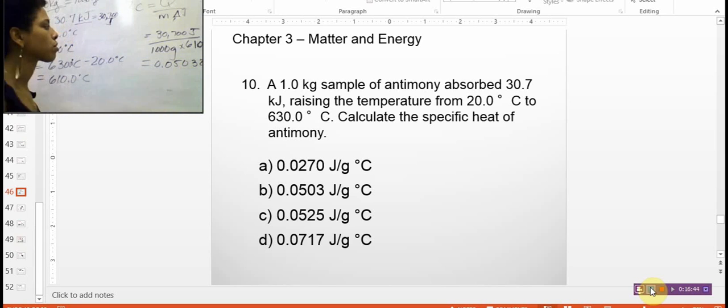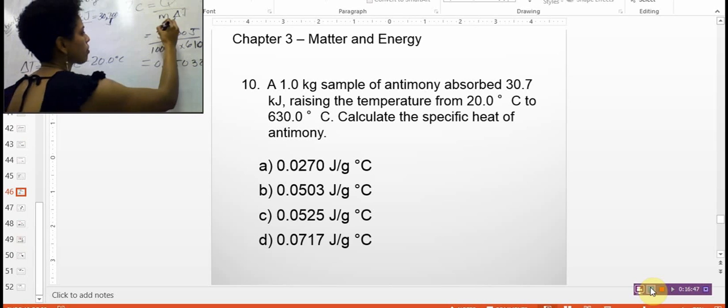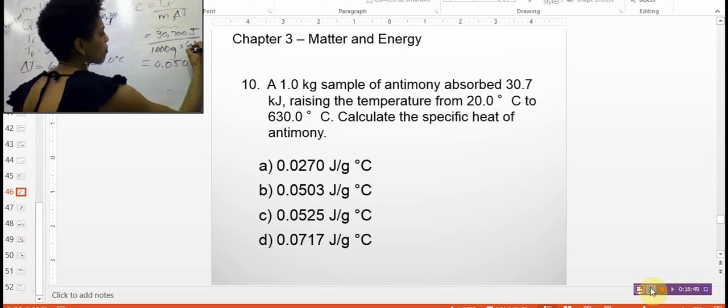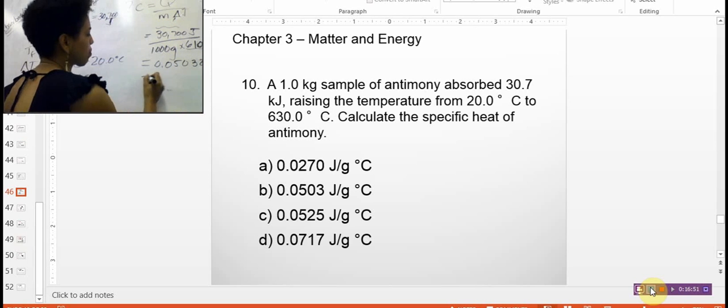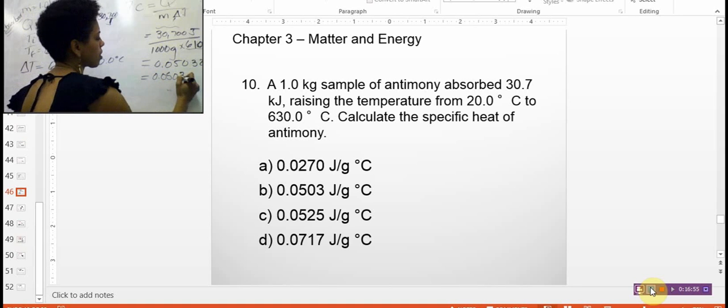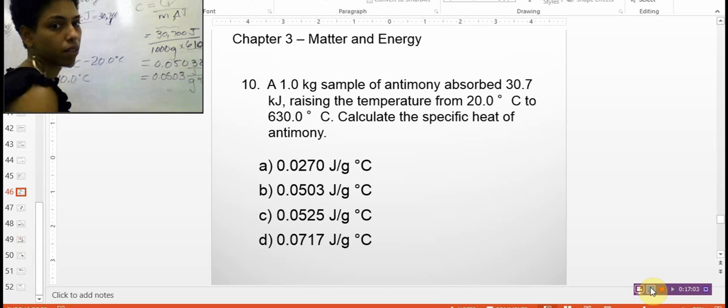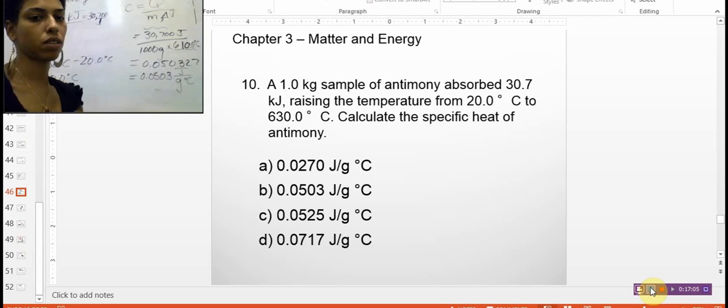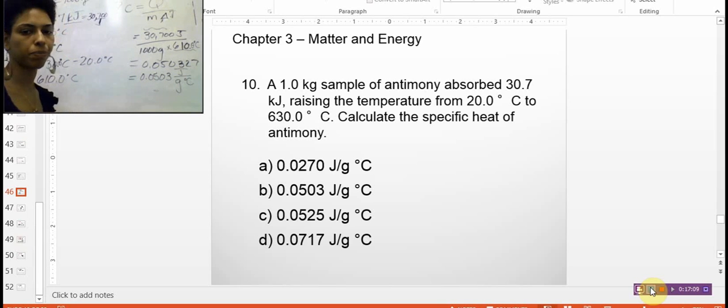If we go back to our sig figs, though, we've got 3 here, we've got 4 here, so let's put 3 in our answer, and I get 0.0503, and we're in joules per gram degree Celsius. See that? Okay. Moving on along.